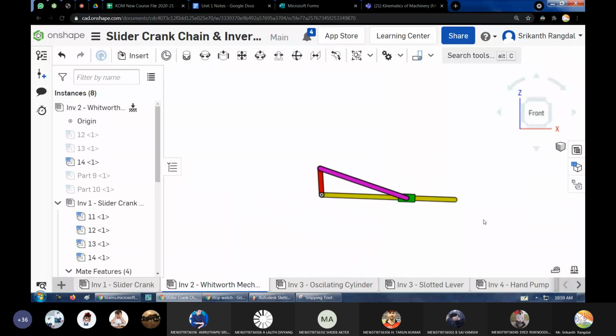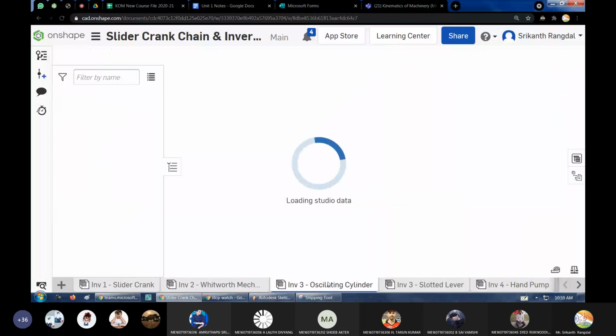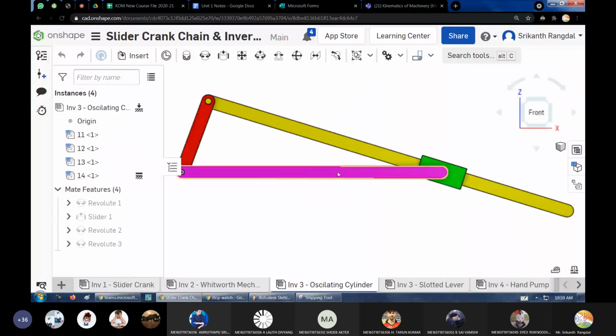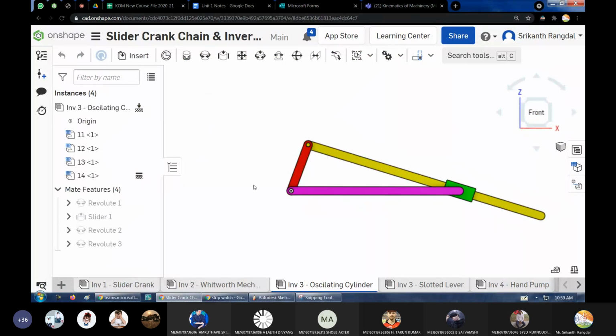Now let's move to the next inversion. Instead of fixing the red or the yellow link, we will be fixing the pink link. What happens if we fix the pink link? Here you can see the chain is the same. We have the same links: the yellow link, the red link, the pink link, and the slider. The way they are connected is also the same.